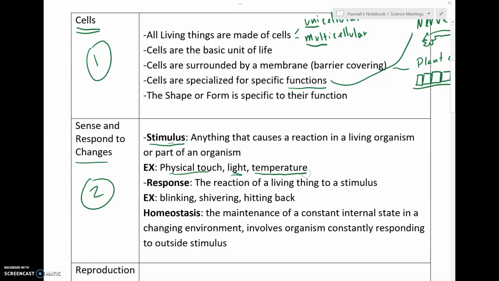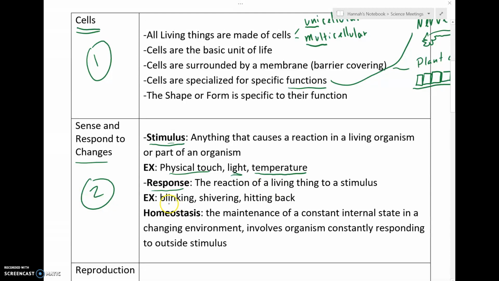Temperature, if you enter a warm room, your body will start to regulate inside to make sure that you don't overheat. So some of these you might even realize that you're responding, but other times your body is responding without even knowing. So then the response is the reaction of a living thing to the stimulus.